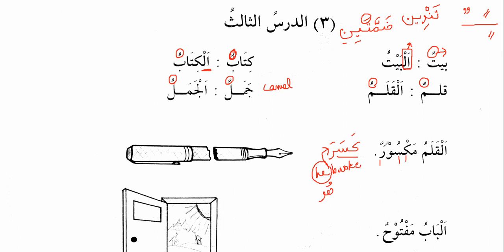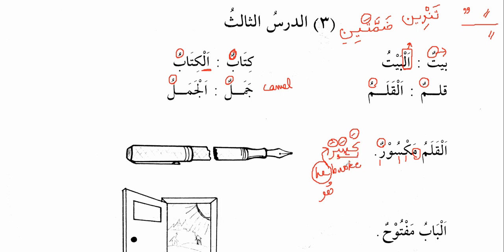A verb will never carry a tanween. Moreover, a verb will never start with meem. And if you see a verb, it will always have a fatha, and a fatha, and it comprises three letters: one, two, three.